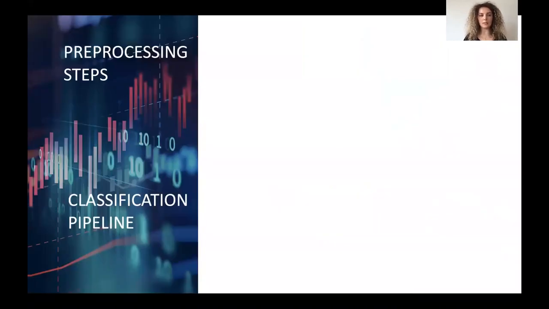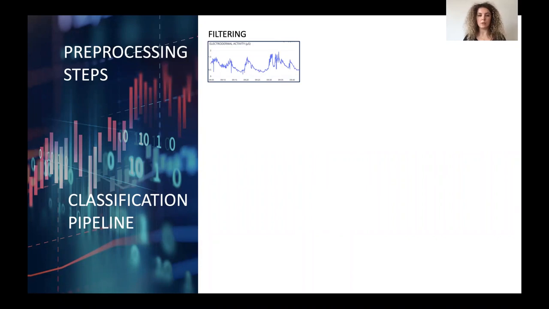In order to analyze the data, we follow common signal processing and machine learning steps. In particular, we first filter the signal to remove noise. We then decompose the signal into the phasic and tonic components.